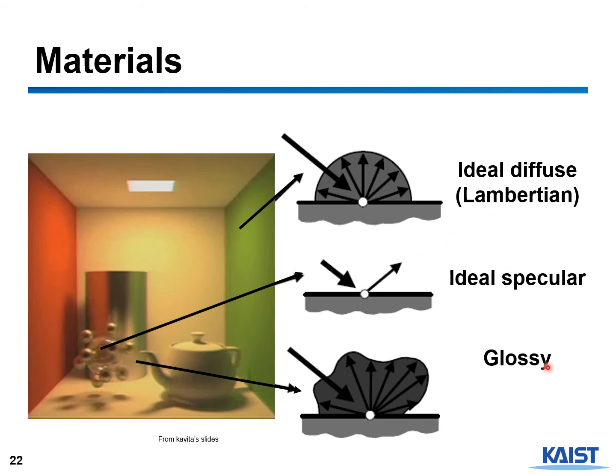Glossy is in between the ideal diffuse and ideal specular. If you receive energy, it may reflect a lot in one direction, so if you look at the surface from there, you might see a highlight. But we don't reflect a lot of energy in other directions, so if you look at this material from there, it may look dark. Different materials have different reflecting properties, so to generate a realistic image, we need to consider these materials.